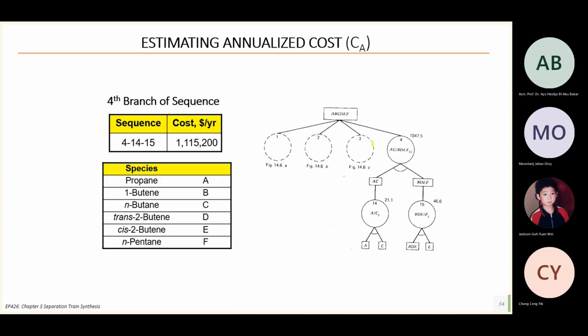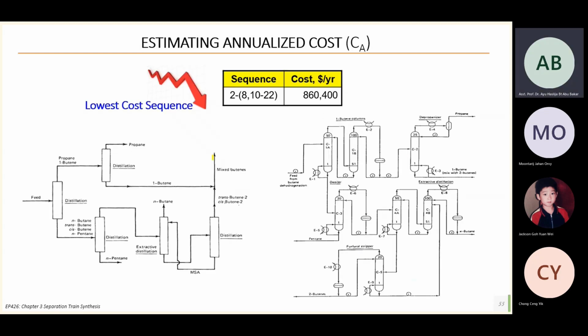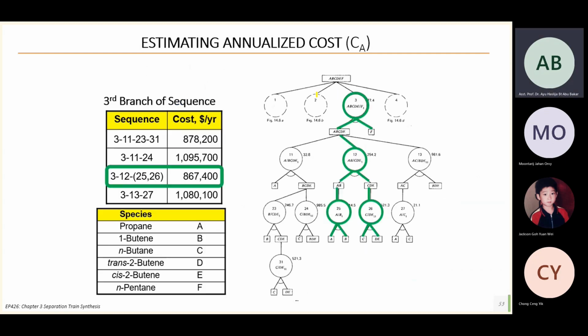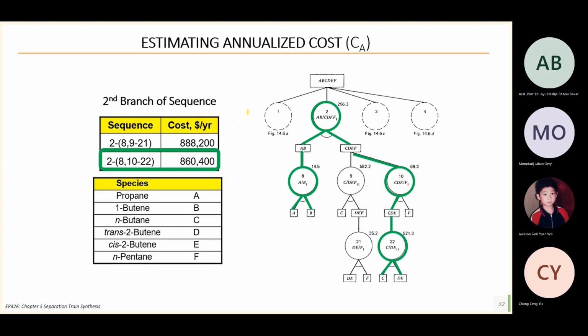Next branch, this sequence costs 1 million something. So from all these costing analyses, compile them, then you will see the second sequence is having the lowest cost. Second sequence is this.